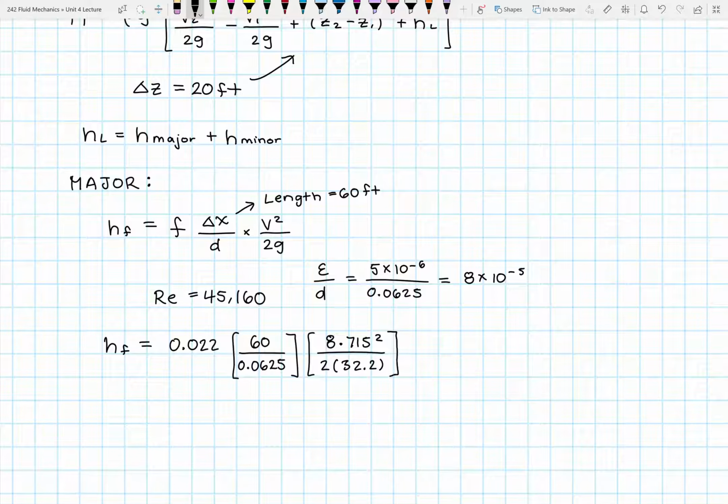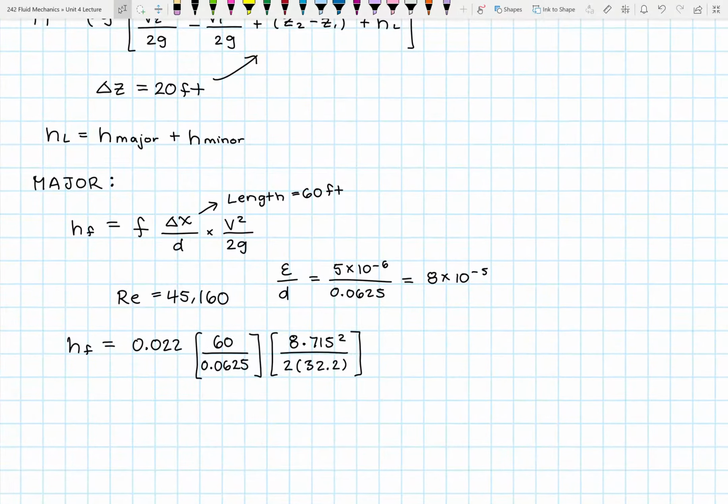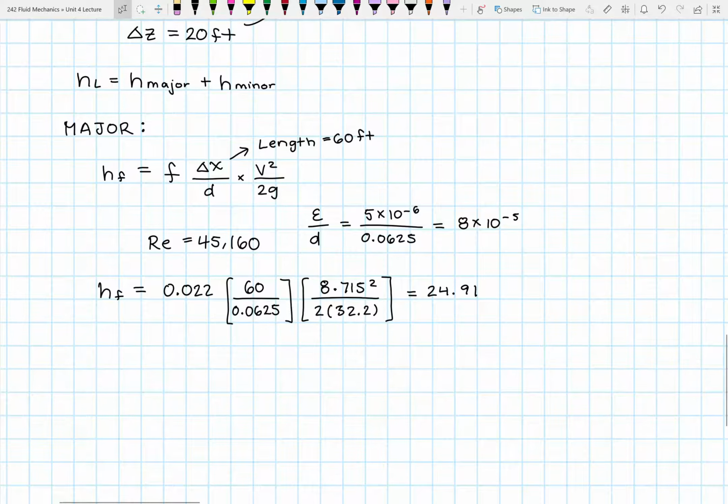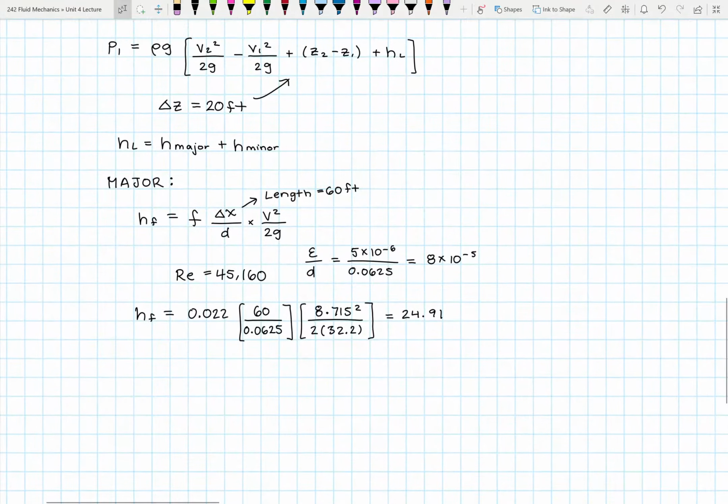Remember, we're not in SI units, so none of that 9.81 for gravity. We're only using 32.2 on this problem. That is definitely an easy way to get tripped up, so be careful with that. Alright, so this turns out to be 24.91.